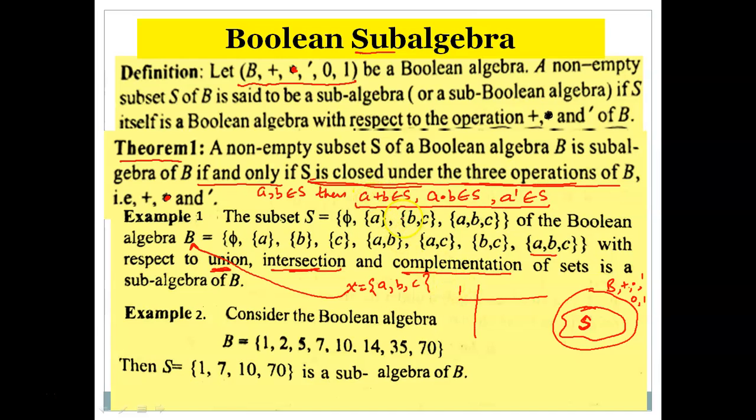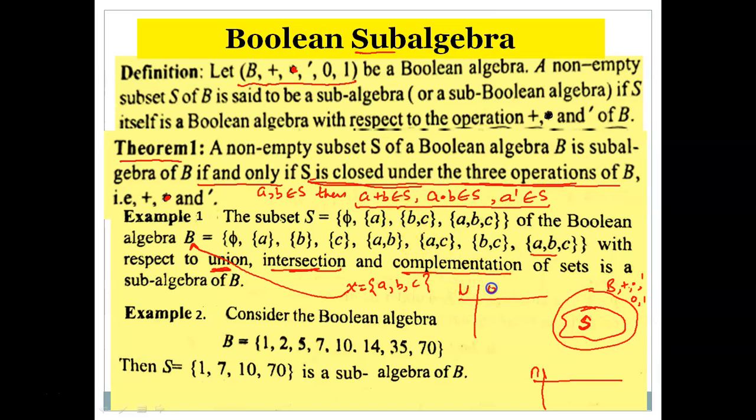In place of plus here we will use union, and in place of dot we will use intersection, and complement is as usual. So union means you will check whether the set S is closed with respect to union or not, meaning the union of two elements of S is in S itself or not.